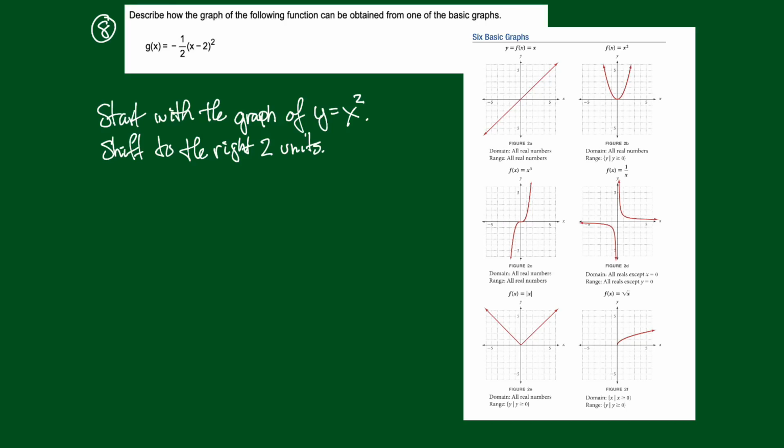Now what I'm going to do is shrink it or compact it by a half. So what I'm going to do is just multiply each one of the coordinates by a half. So I'll call it shrink it.